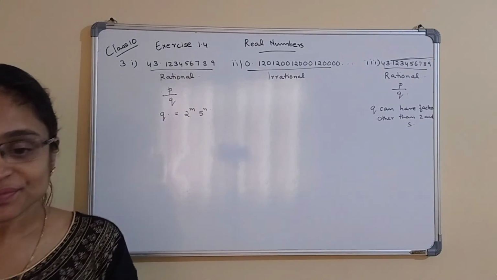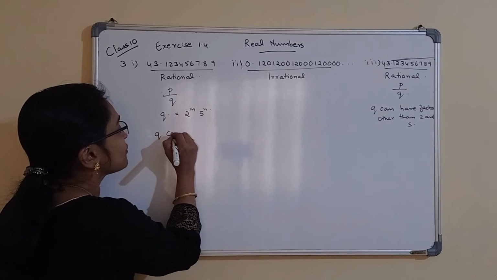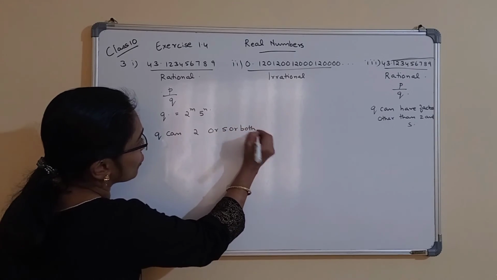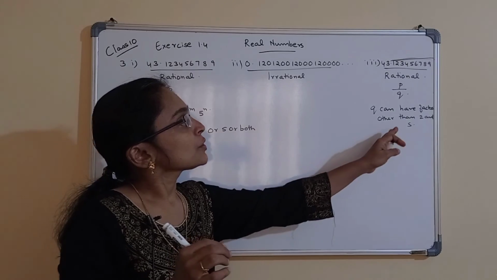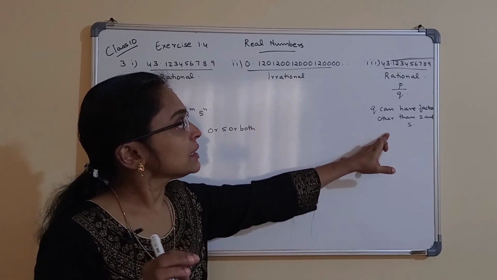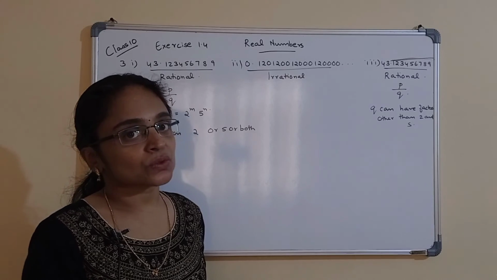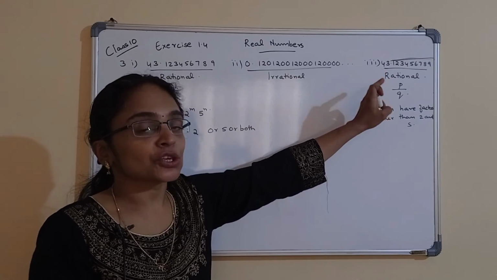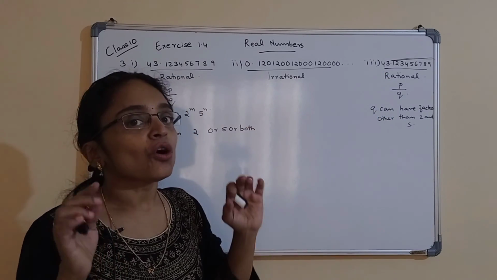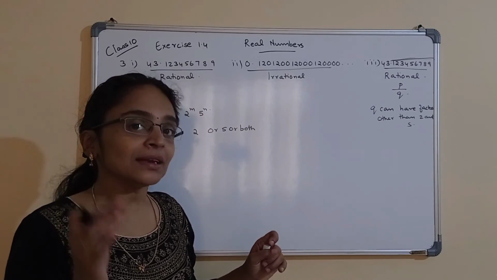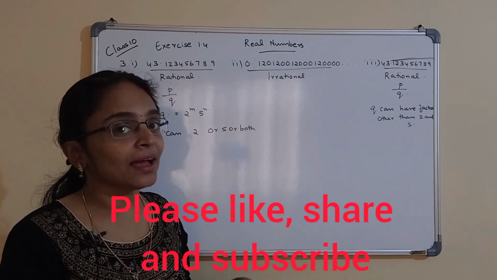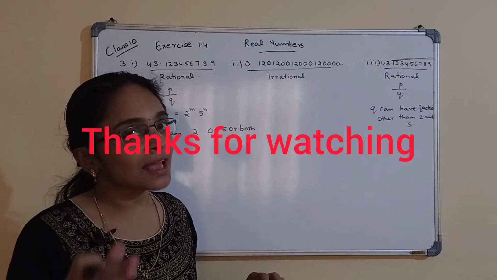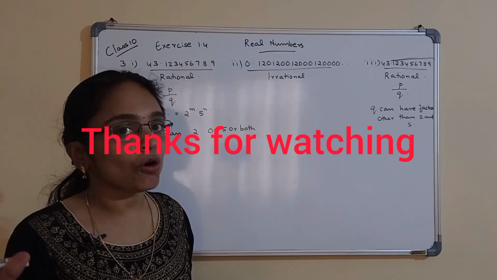Understood? That is, in the first, q can have factors 2 or 5 or both. But in the other, 2 and 5 can be there, and some other factors are also there. It may or may not have 2 or 5, but it has some other factor other than 2 or 5.